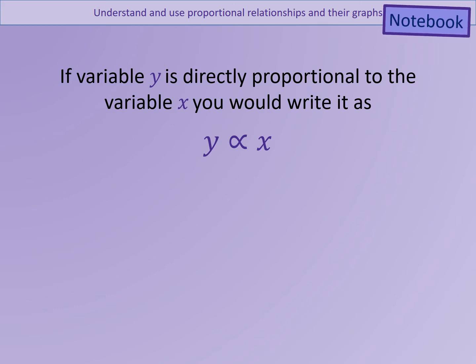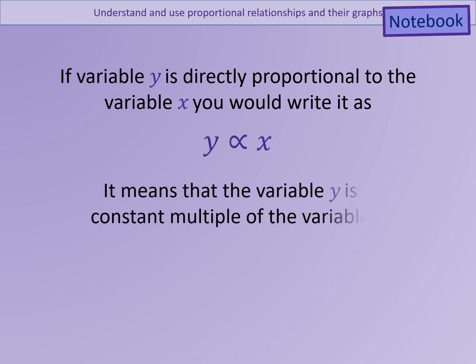Y is directly proportional to x, and then we will often have to change that into an equation. And in order to do that, we need a constant of proportion, and the letter that we use to represent that constant is k. So we would multiply the right hand side by that value of k, and that would be required in order for us to change it into an equation, and the equation would look like this.